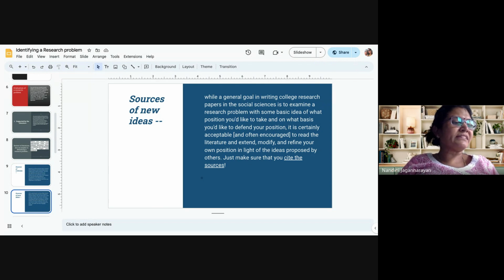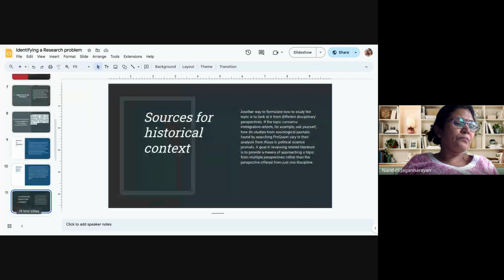And for historical context, over the years people have been saying yes, this works for this crowd, this works for that crowd. Now you will test it on your crowd, or you will say it doesn't work for my crowd, and you will explain why it doesn't work for your crowd.